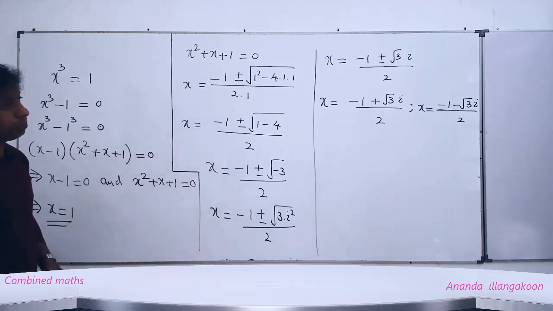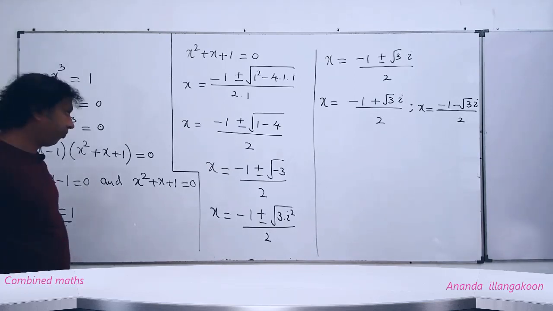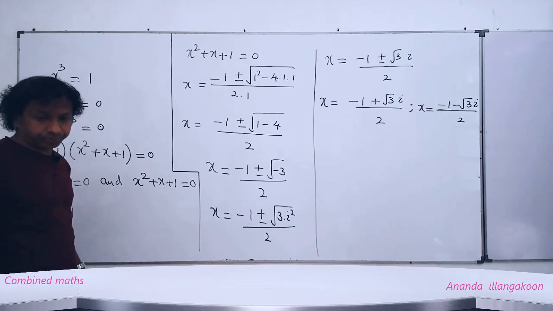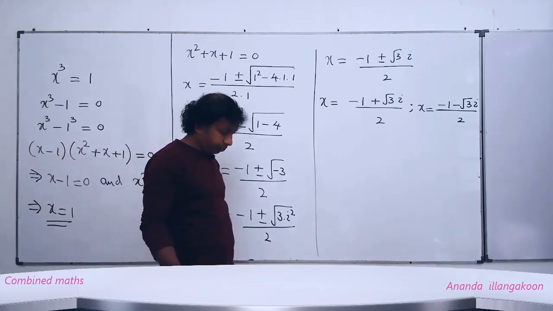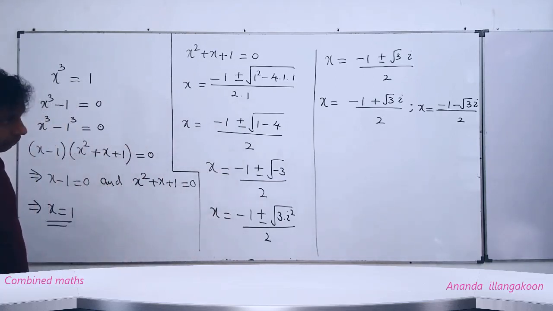Therefore, there are three solutions for cube root of 1, and of them, one solution is real and the other two are imaginary.